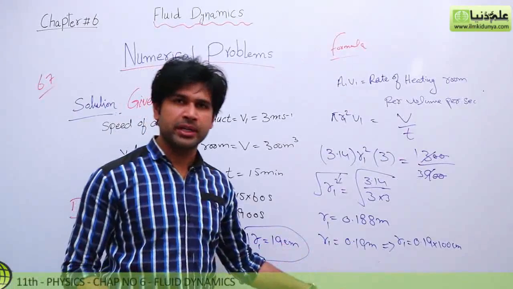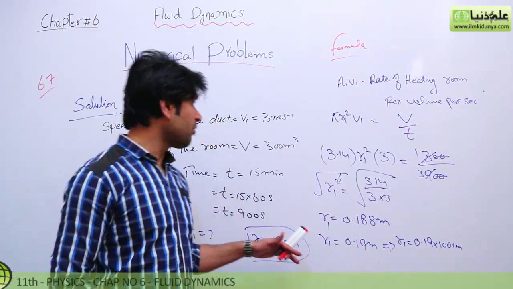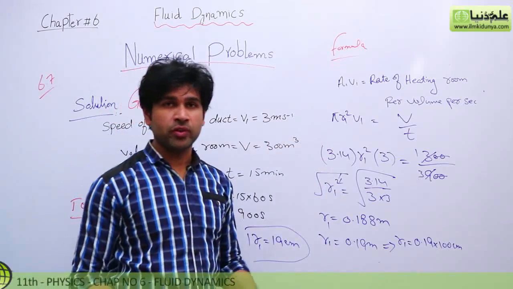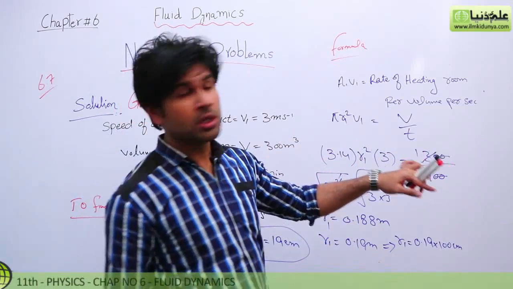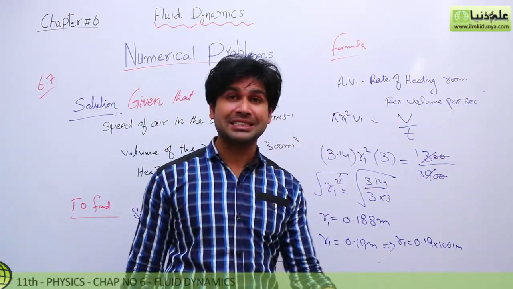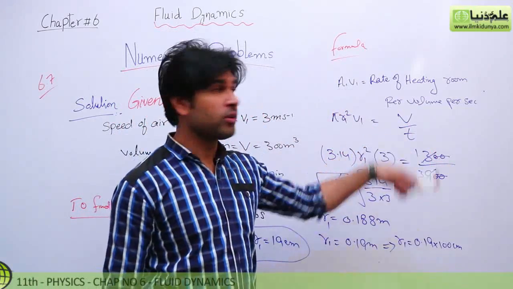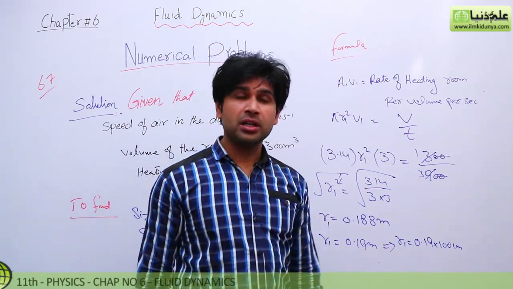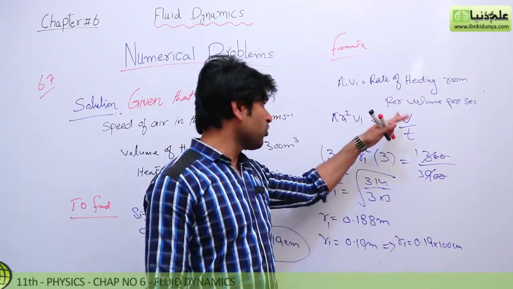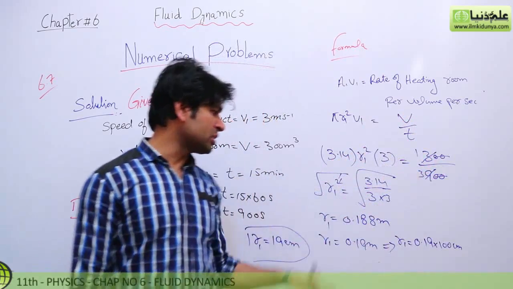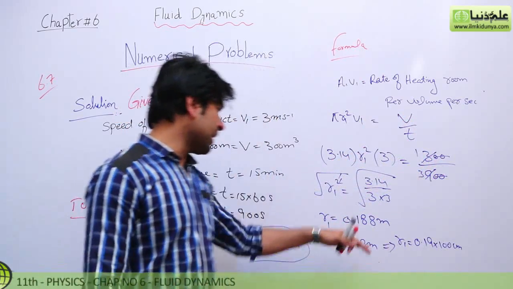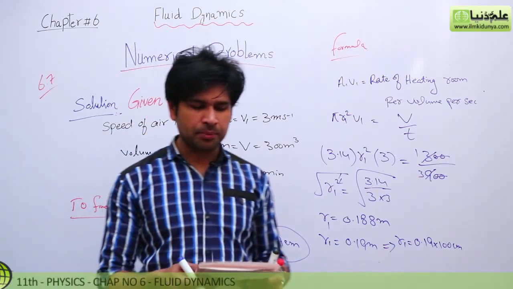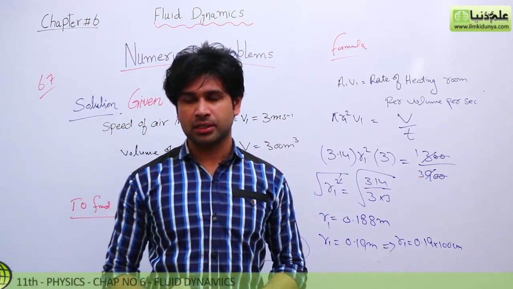This is quite an easy numerical problem. You can solve it by using the equation of continuity formula A1 V1 equals A2 V2, where A1 V1 equals rate of heating room volume per second. So we substitute the values, rearrange this equation, and we have 19 centimeter, which is the size of the duct.